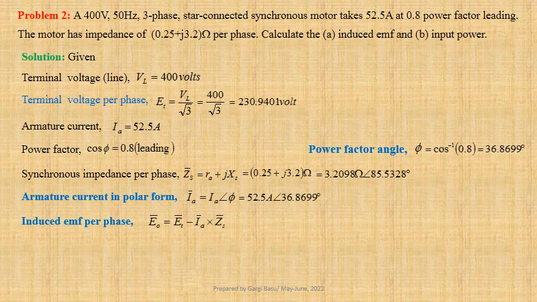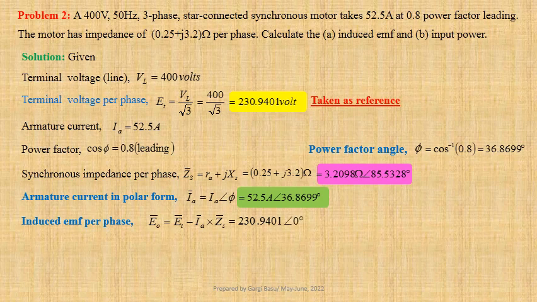Taking terminal voltage per phase Et as reference, we get E0 equals 230.9401 at an angle 0 degree minus 52.5 at an angle 36.8699 degree into 3.2098 at an angle 85.5328 degree. That gives us 321.24 minus j142.28 volt.